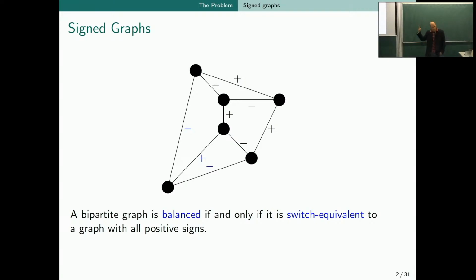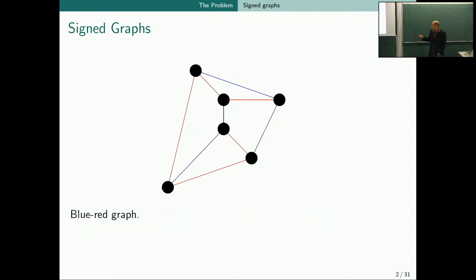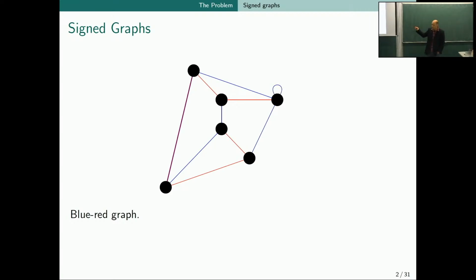So the plus and minus have interpretations. They have uses in a lot of the applications, but they don't for us. So we're just going to replace them with colors. And we're going to talk now about a red-blue graph. Right? And because we care about CSP and it makes things more interesting, we're going to allow loops.